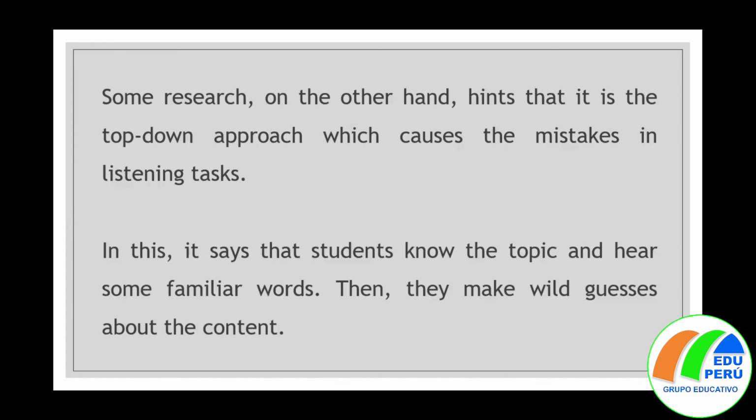What kind of mistakes? Because of the topic. Maybe the student doesn't know about the topic. Maybe they could hear some familiar words. Or maybe they can make wild guesses. Wild guesses means that they are not so certain guesses about the content.